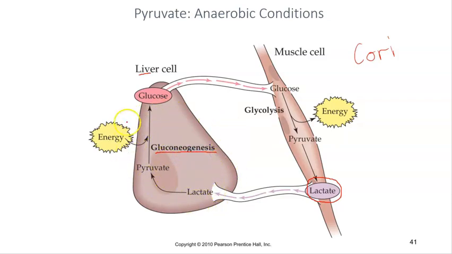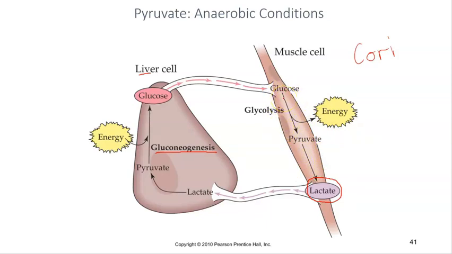A lot of this happens in the liver, and your liver's primary function is to regulate glucose levels in your bloodstream. So when you need to take lactate up and transfer this back so you can get glucose back in your system, then your muscle cells can have more energy, more glucose.